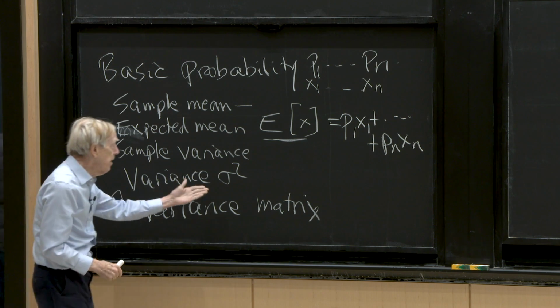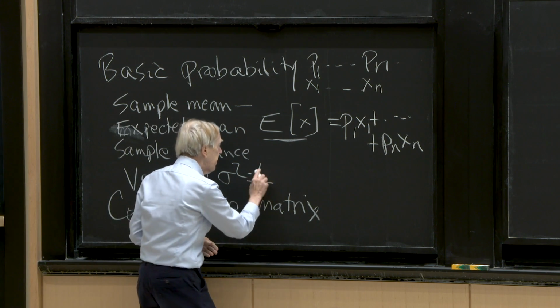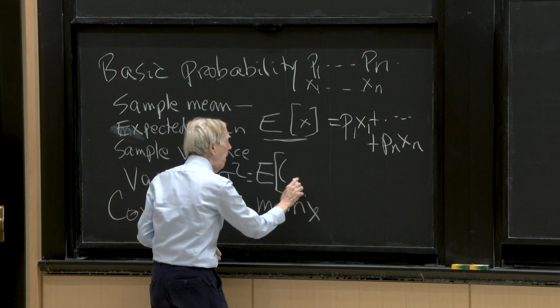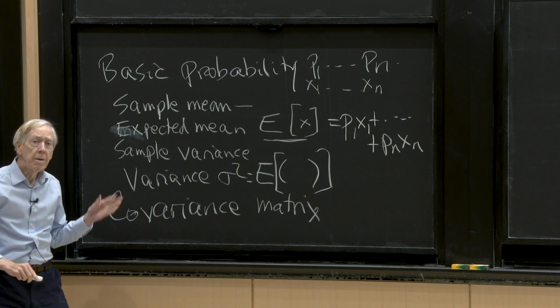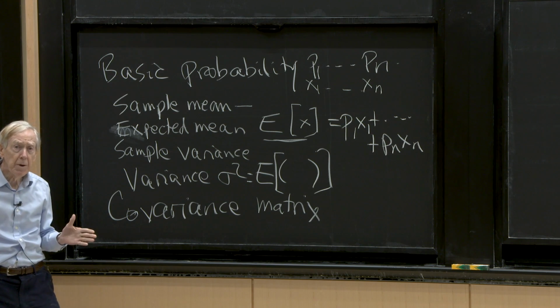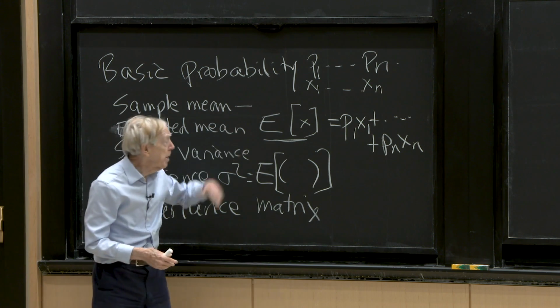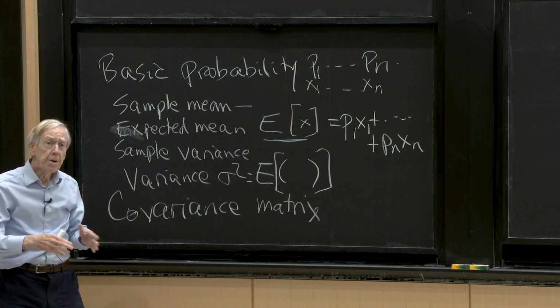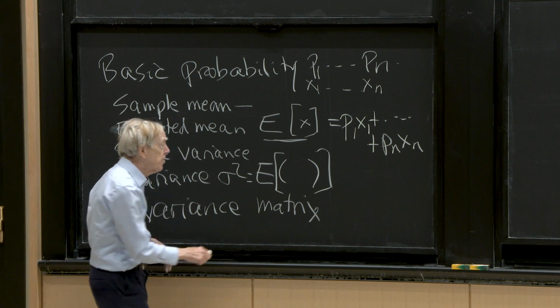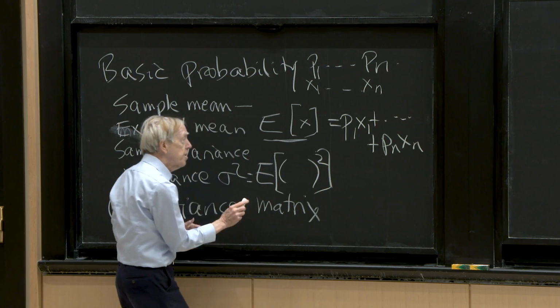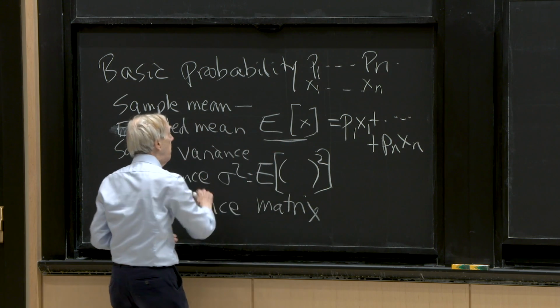For example, the variance is the expected value of what? The variance is an expected value based on these probabilities of the square of the distance. So everybody remembers it involves square, and it's the distance from the mean.